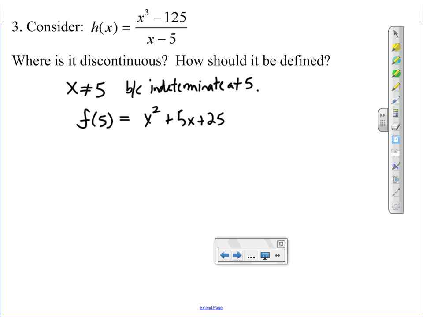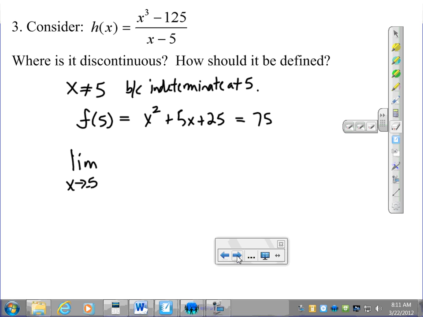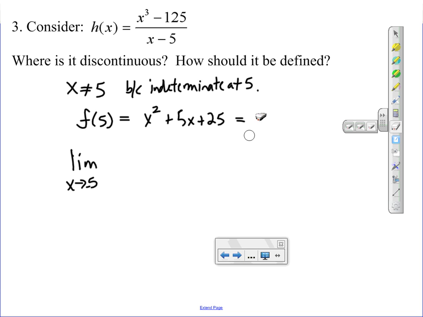When we replace x with 5, we get 25 plus 25 plus 25, which is 75. We then need to check, what's the limit as x approaches 5? Minus 5, pardon me. That's not right, because it's minus 5, not 5. And when I put minus 5 in there, I'm going to get just 25.